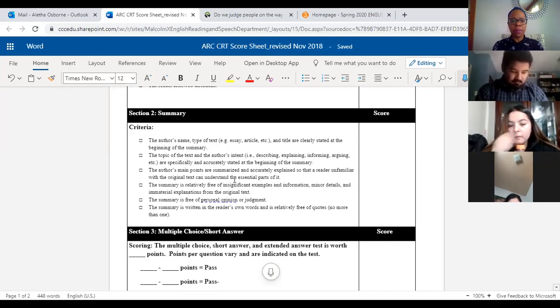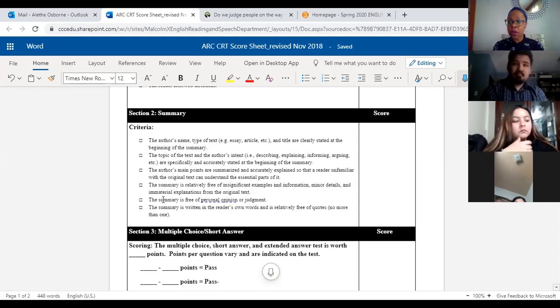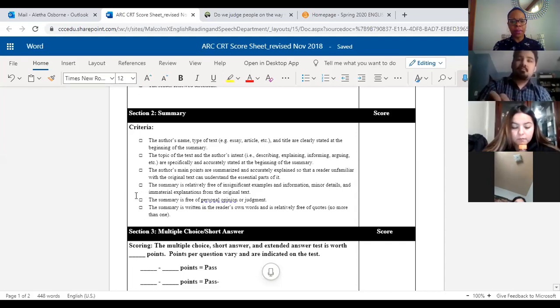Another criteria: the main points should be summarized and focused on accurately. So you want to avoid irrelevant details, minor details, or examples in the text. You only want to include key points and main ideas, and make sure you summarize those accurately. The criteria also requires that you stay away from insignificant examples or information, and that the summary is free of personal opinion.